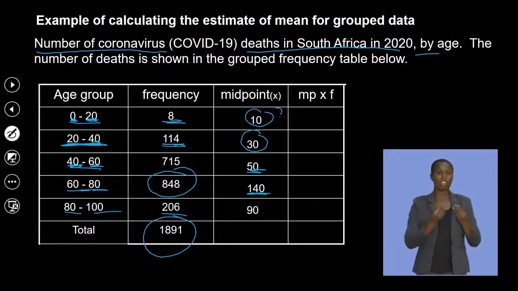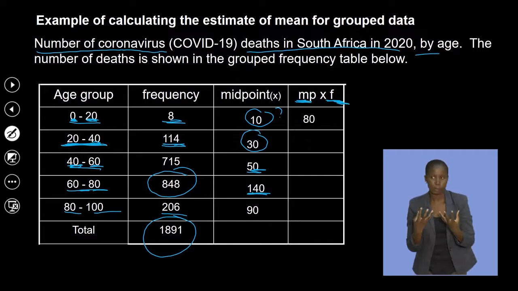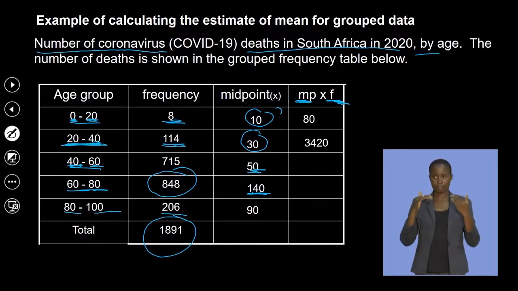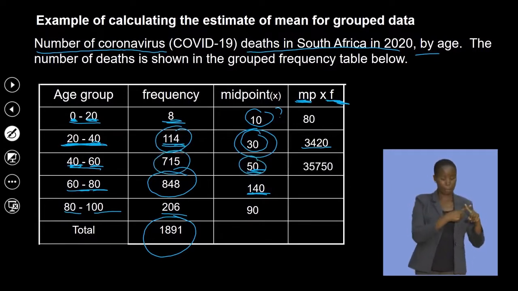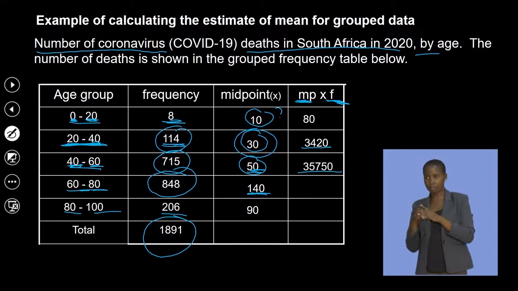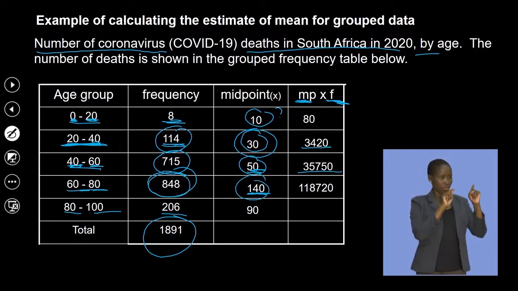Then what are we going to do? We're going to multiply the midpoint times the frequency. So midpoint times frequency, we get 80. We get 3,420. We're just multiplying them. 848 times 140, that's what we get.